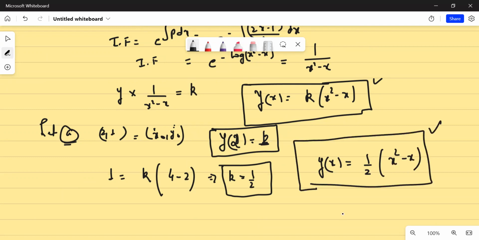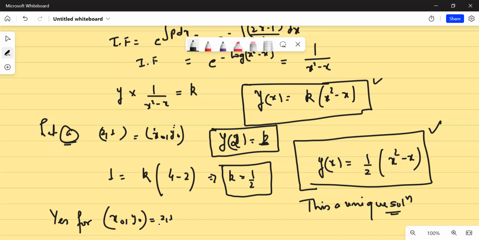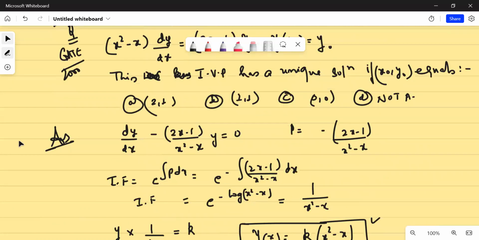This is a unique solution indeed. Only a single solution is there: 1 by 2 x square minus x. So yes, for the selection x naught comma y naught equal to 2 comma 1, there would be a unique solution. Is that clear? Is that clear or not?